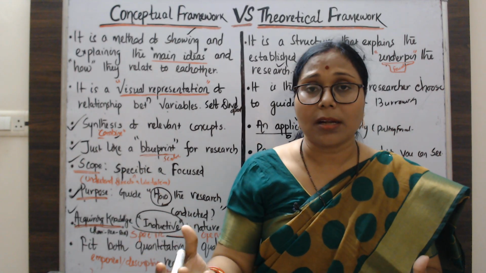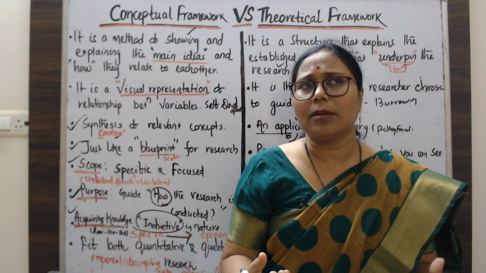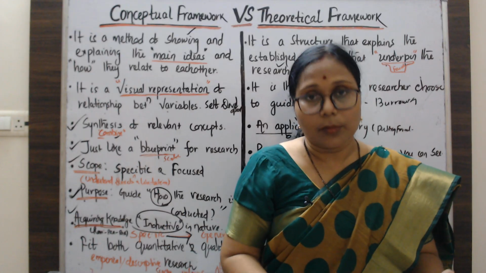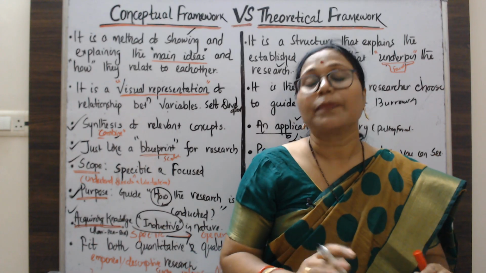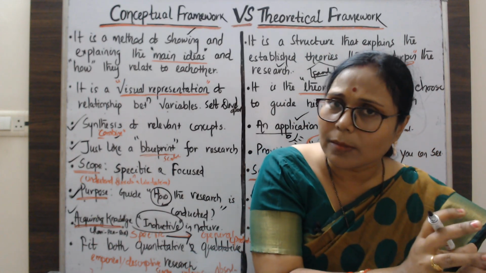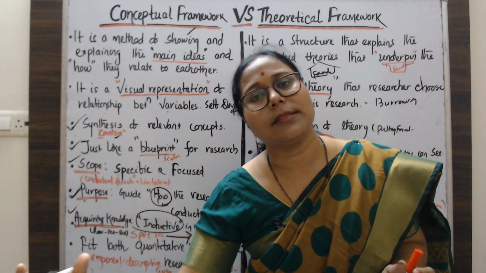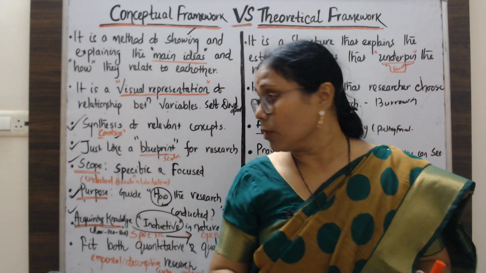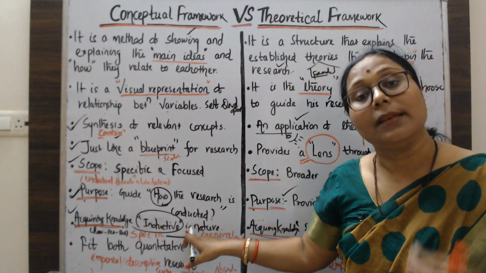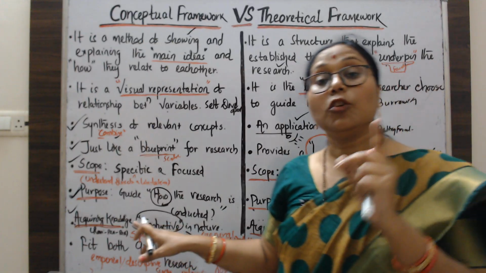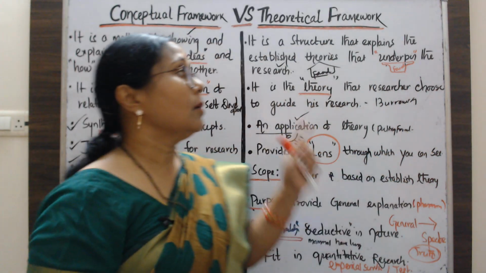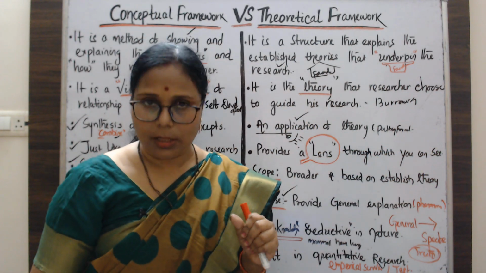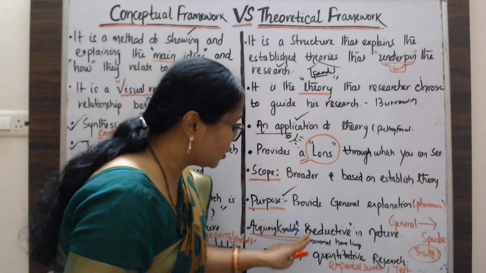It is a probability, or an assumption. It is not proven. From a specific observation you conclude a general idea. So that is called inductive in nature. But in the theoretical framework, the reasoning method is deductive in nature.